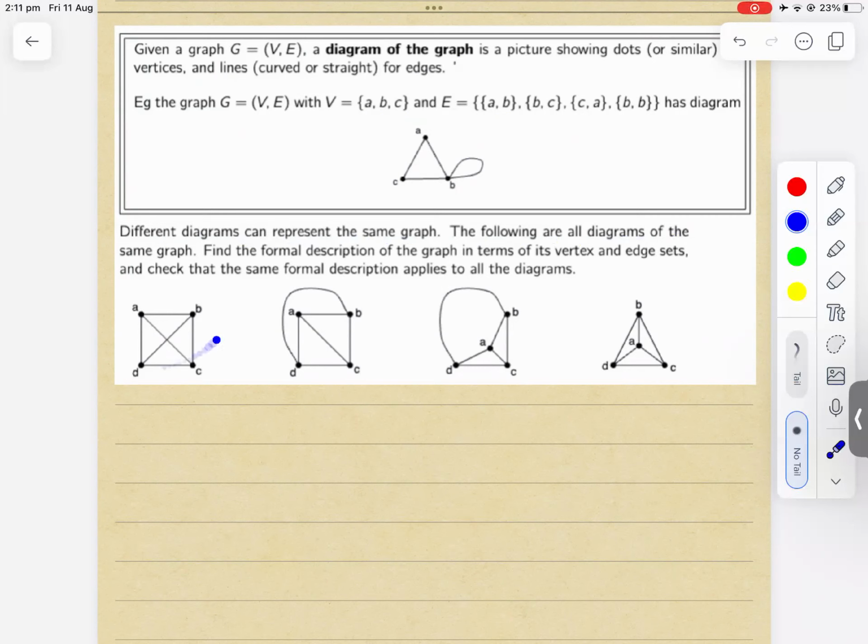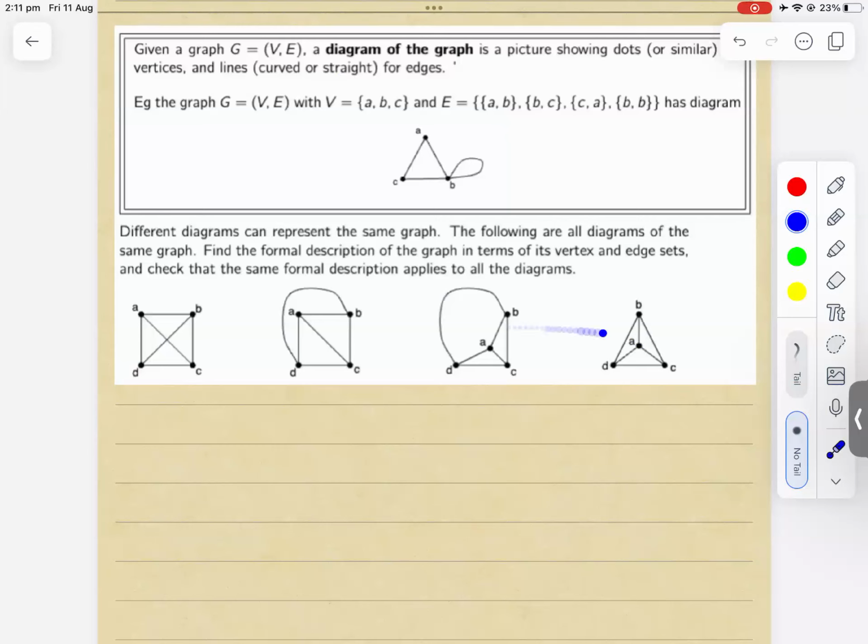As I said, instead of BD, you can do this one, or this one, or this will be again BD here, and you see that this is the same as this one. Can we have this one the same thing? Yeah, this is the same thing as well.